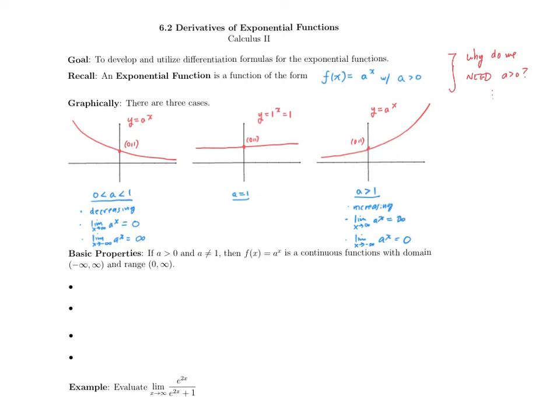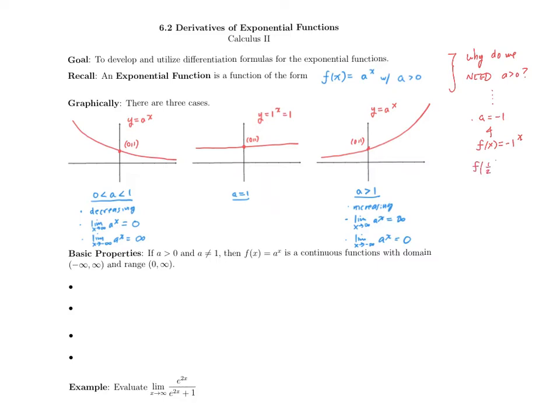And let me give you a quick but hopefully compelling reason. If a is equal to minus 1, just to pick a specific value, and you look at this function f of x equals minus 1 to the x, on face value there might not be any issues, but let's think of a specific input.